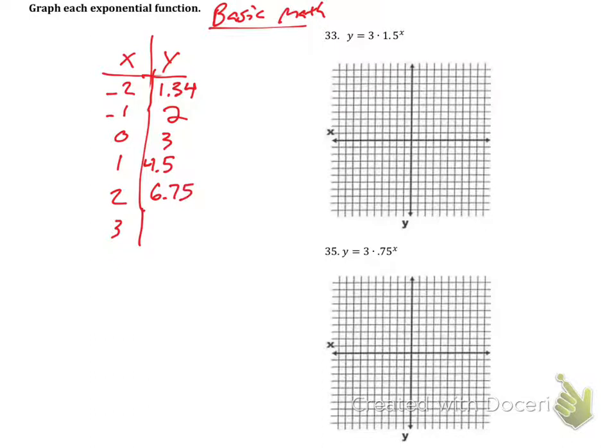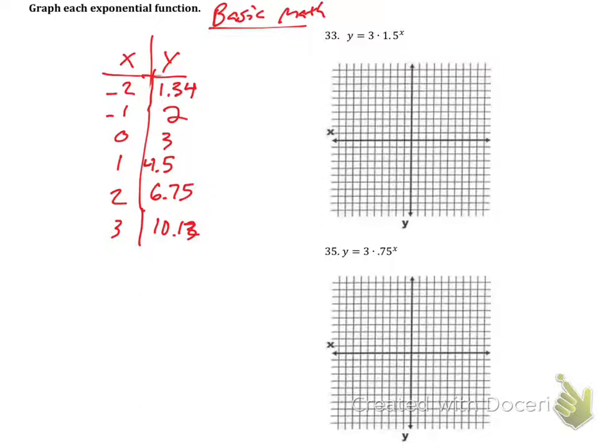And then our last one, 3 times 1.5 to the third power is going to be 10.12. Oh, sorry, 10.13, but that's not really going to matter when it comes to graphing.